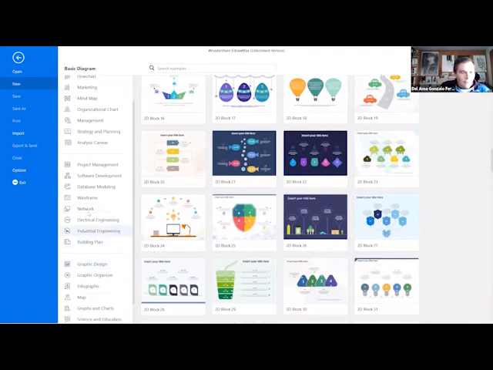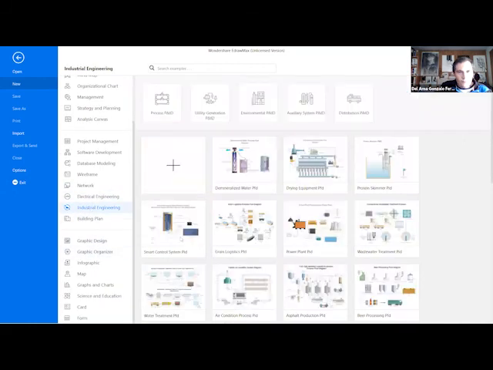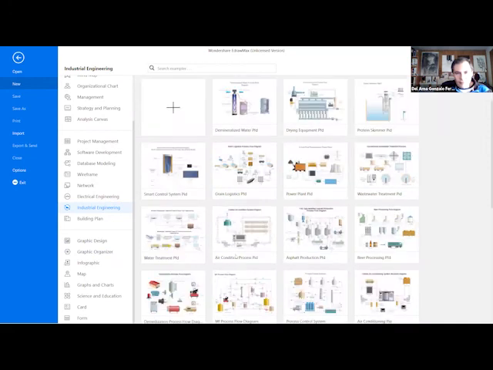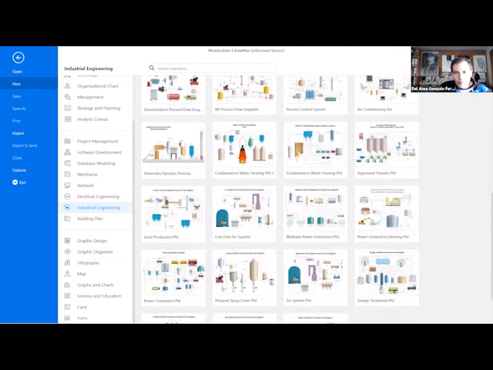But here it has the industrial engineering module. With these things, you will find air conditioning, water treatment, cooling, and a lot of blocks and a lot of diagrams that you can use for this.